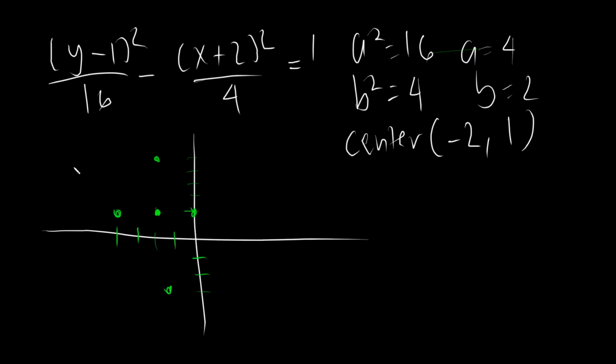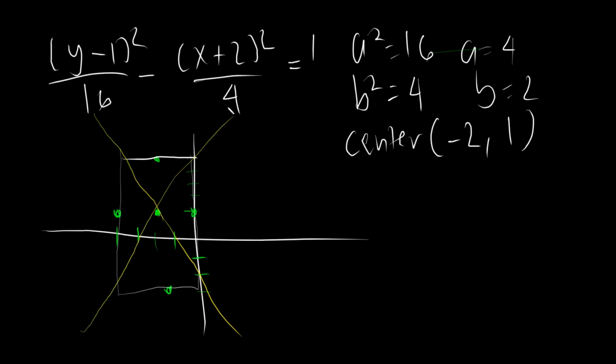Okay, then draw the imaginary rectangle. Then, finally, draw your asymptotes. Okay? So, your hyperbola opens up and down.